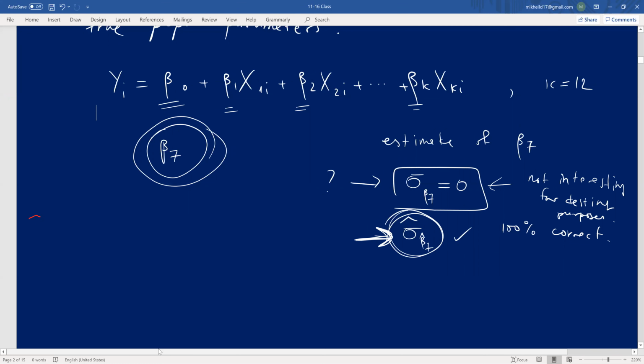Okay, then let's specify the hypothesis about beta 7. Let's say beta 7 equals beta 7 at 0, which stands for, what is this? Can you tell me? What do we call this? The null hypothesis. No, the null hypothesis is everything.